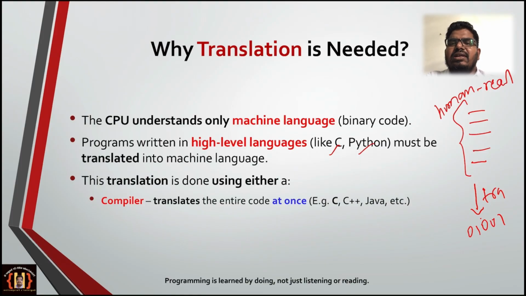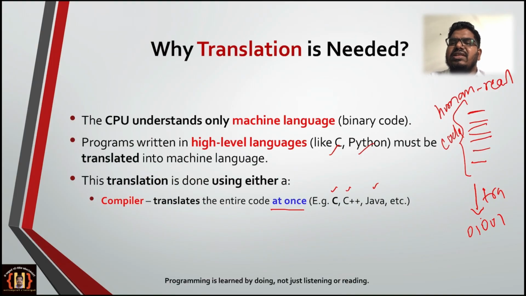So the compiler translates the entire code, whatever code you write here, this is your code, and this high level code is translated into machine code at once. So what are the high level languages? C, C++, Java.